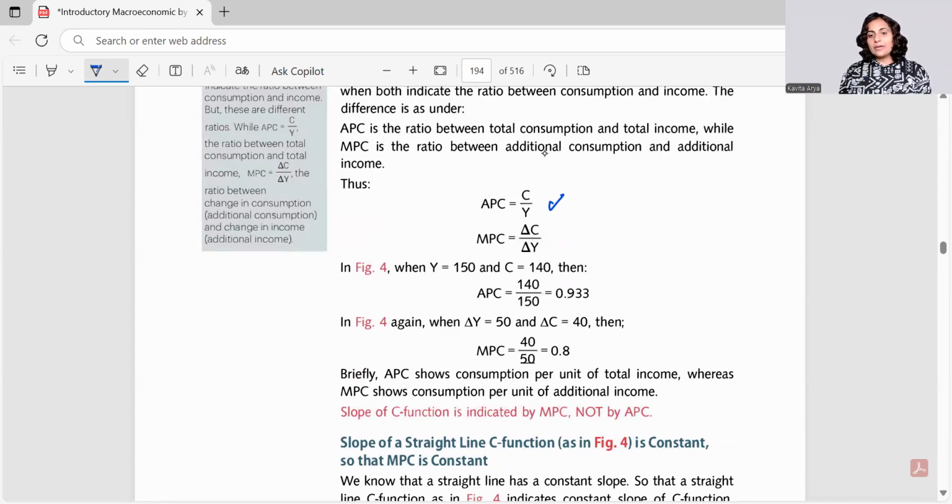So if somebody wants you to show APC with the help of a diagram, what is to be made? Because it's talking about the consumption concept, make the C curve. Take any one point here, drop it down on the x-axis and y-axis.